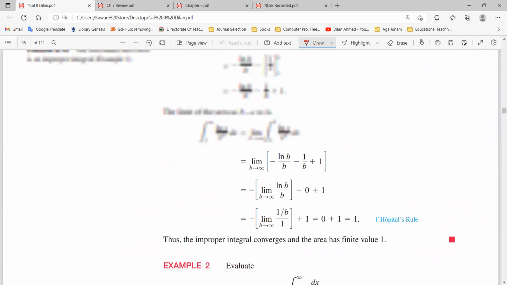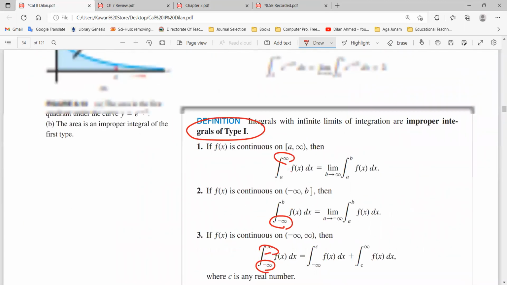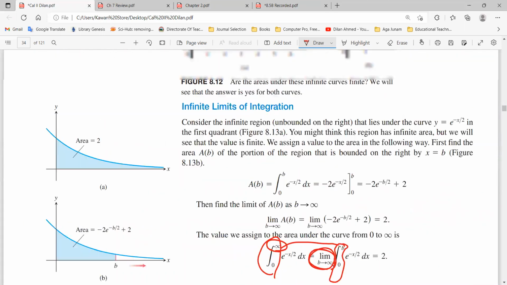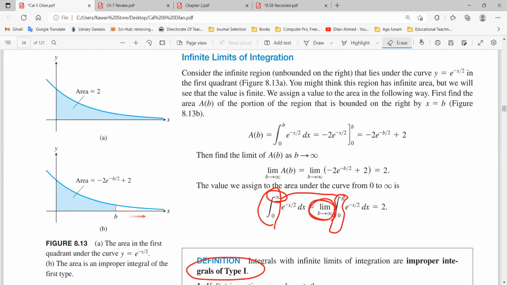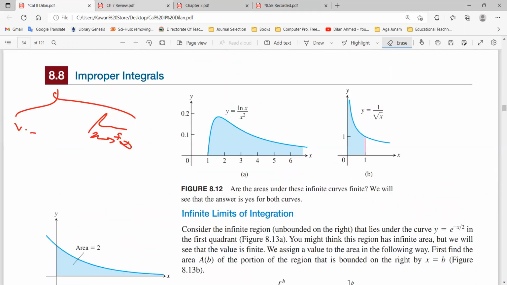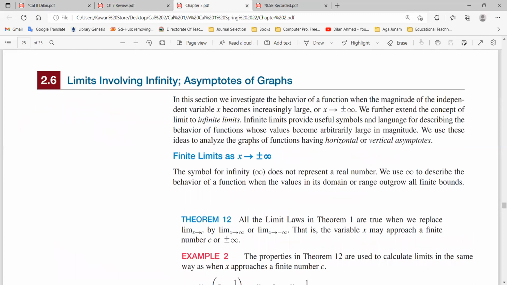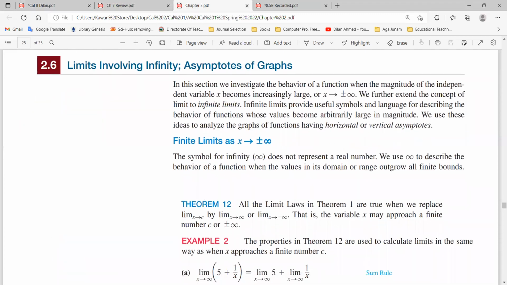In chapter 3 of your lecture in Cal 1, we have many ideas of limits. One of them was limits involving infinity. Limits involving infinity means those limits where x is going to infinity or minus infinity.